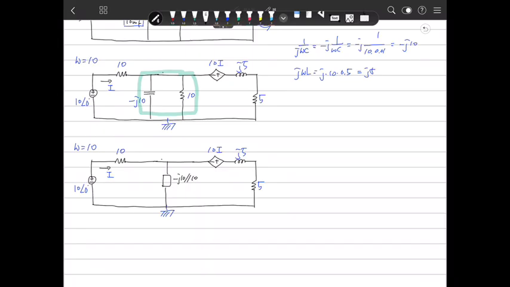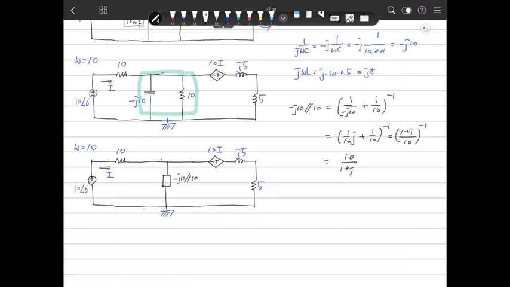So minus j10 parallel 10 is the same as 1 over minus j10 plus 1 over 10, inverse. So what's that? That is 1 over 10j plus 1 over 10, inverse. So that is 10 over 1 plus j, inverse.